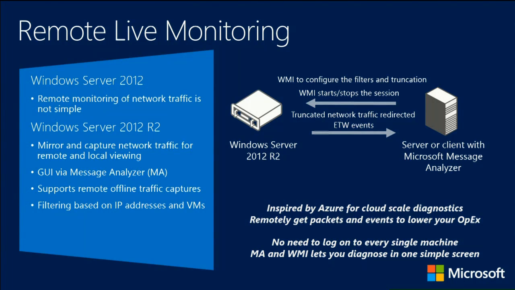We now have a single GUI, or graphical user interface experience, around being able to aggregate across a packet stream and the ETW events. This tool is the next generation of Netmon called Message Analyzer, and it aggregates across both a remoted packet capture stream and ETW events.